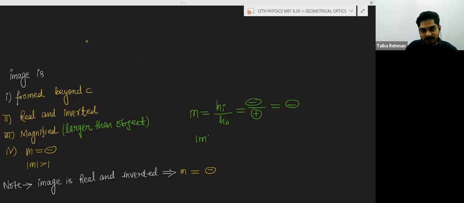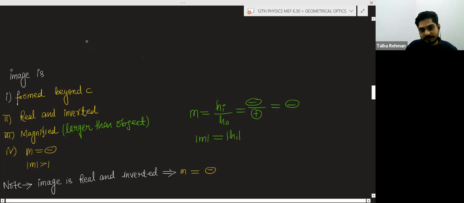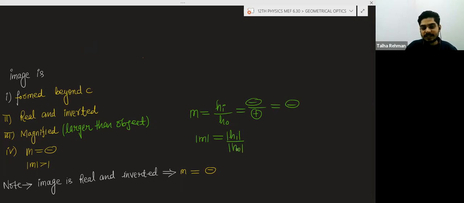Magnitude of magnification is equal to mod of height of image divided by mod of height of object. This time height of image is greater than the height of object. That is why magnitude of magnification is greater than 1. Remember one point: if image is real and inverted, then magnification is always negative.